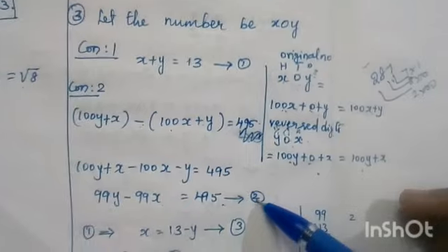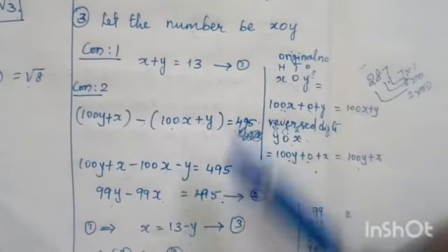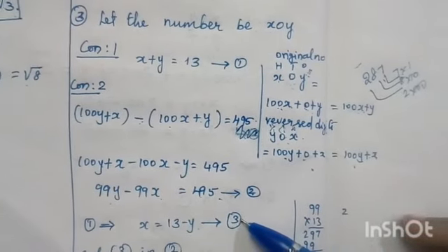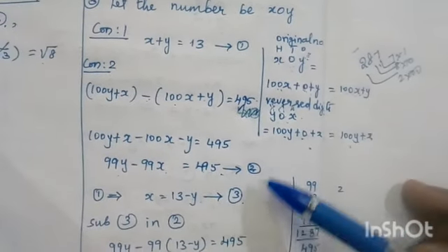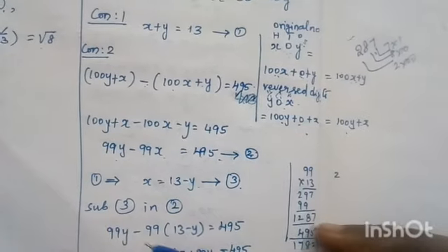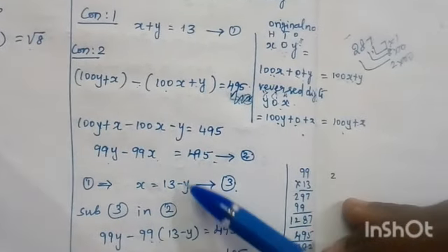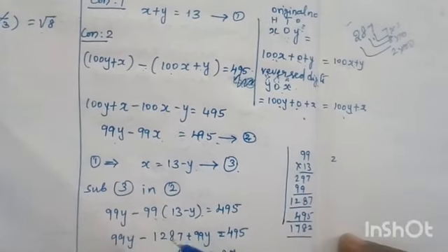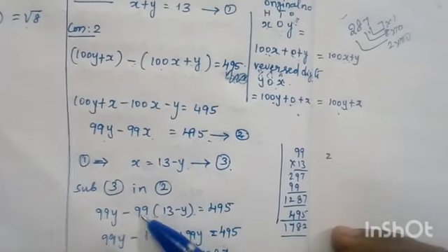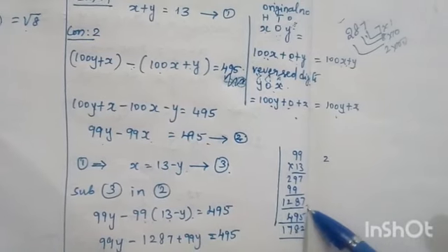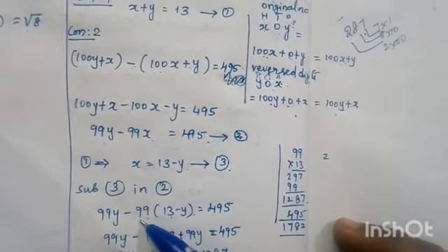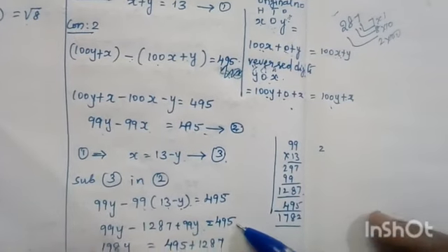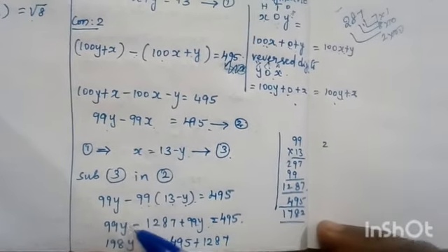So 99y minus 99x equals 495. This is equation number 2. From equation 1, x is equal to 13 minus y. This is equation number 3. Now substitute the third equation in equation number 2. So 99y minus 99 into (13 minus y) equals 495. Multiplying out the 99: 99 into 13 is 1287, so minus 1287 plus 99y equals 495.